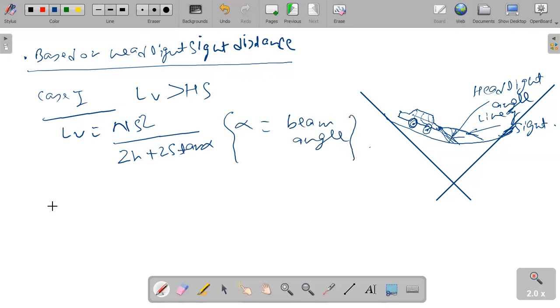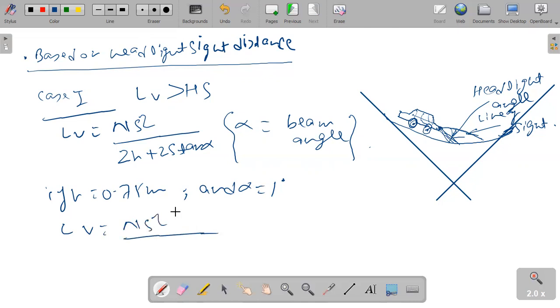So if we have h equal to 0.75 meter and alpha equal to 1 degree, then we'll get Lv equal to N s square upon 1.5 plus 0.035 s. So this is our first case when the length of valley curve is greater than the headlight sight distance.